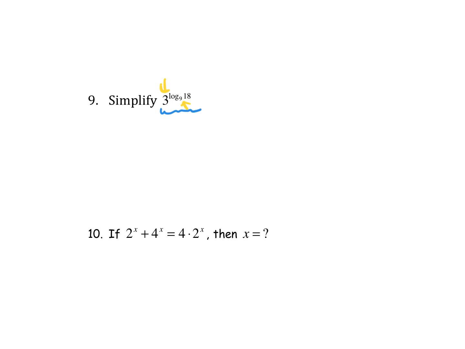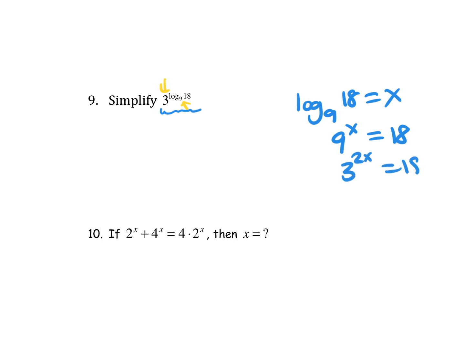So maybe let's just work with log base 9 of 18 and see if we can change that to log base 3. So right now I've got 9 to the x equals 18. Or I can say 3 to the 2x is equal to 18. Or I can say 3 to the x squared is 18.